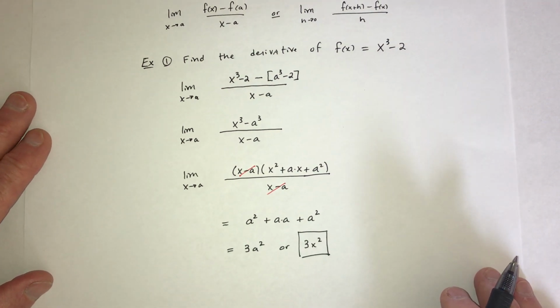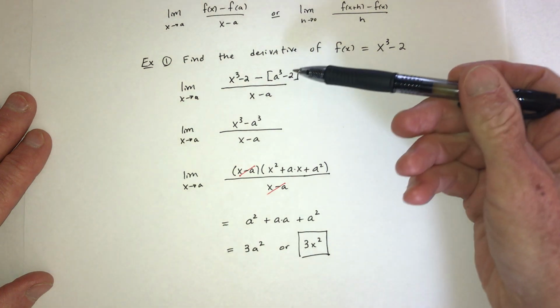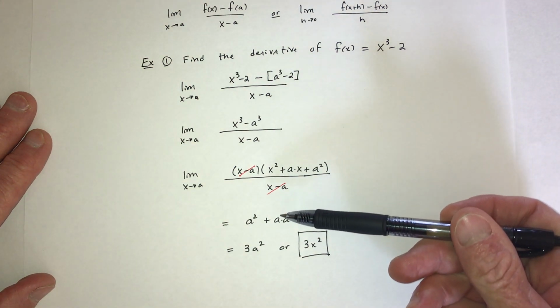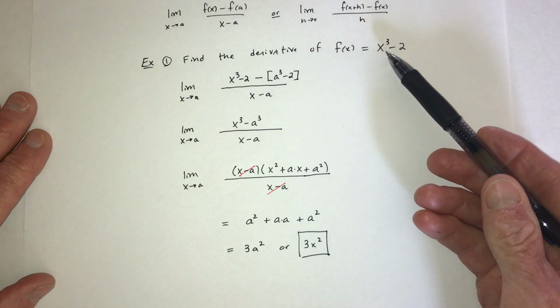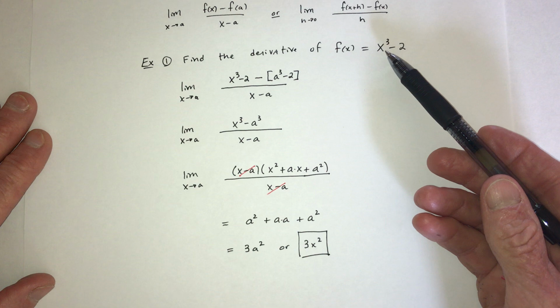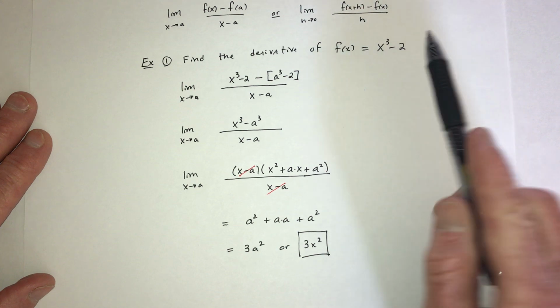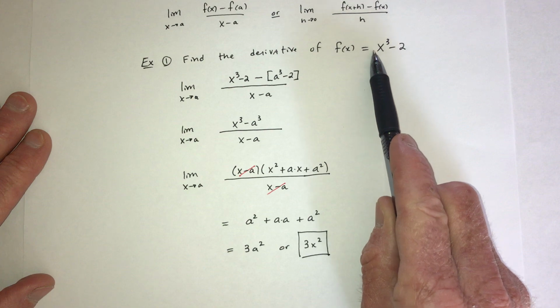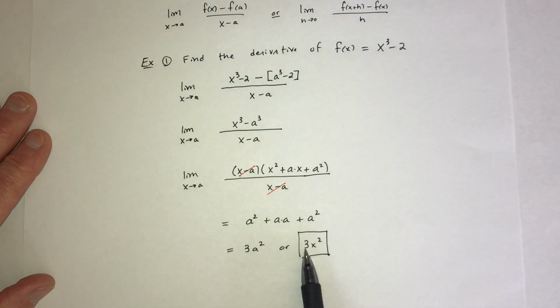Now pretty soon we're going to have a shortcut to do this. I realize you'd be disappointed that we don't get to do this for the rest of the semester, but pretty soon you'll just look at that and say the answer is 3x squared. The fast way to do it is called the power rule. You take this power, you bring it down in front and multiply, that's that 3.